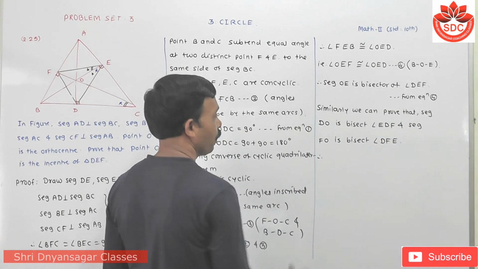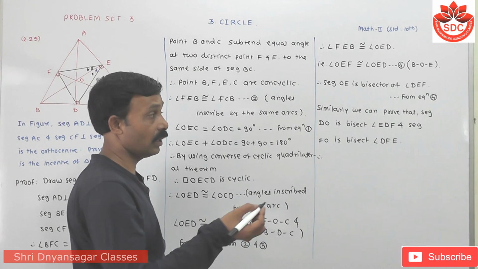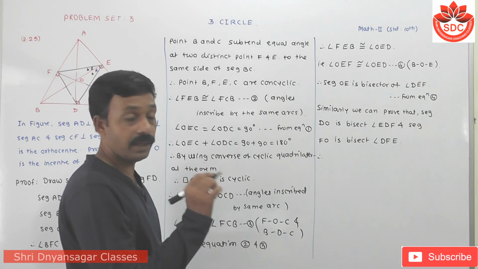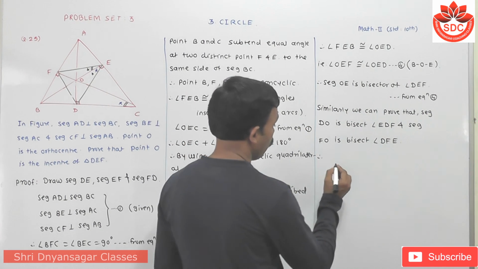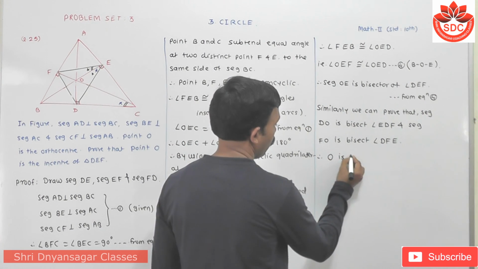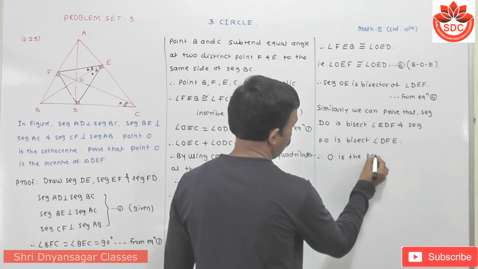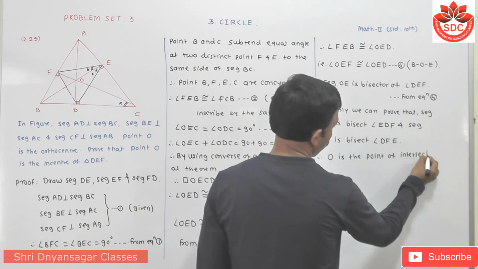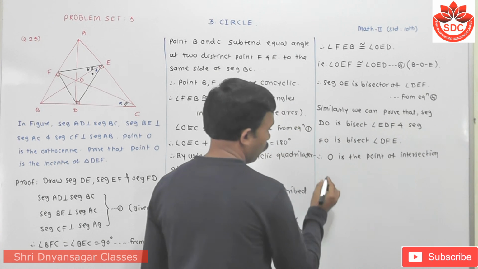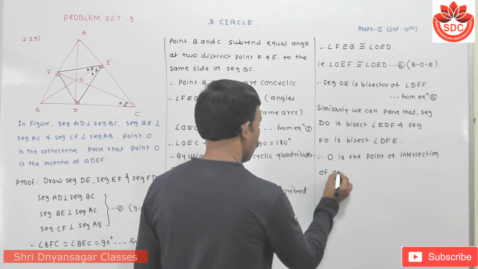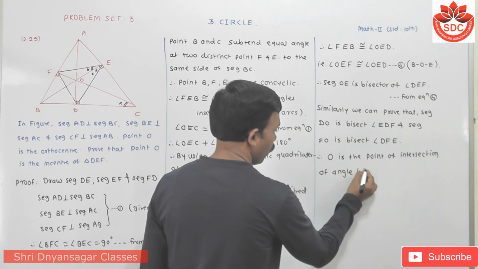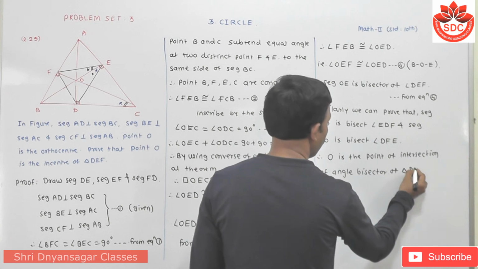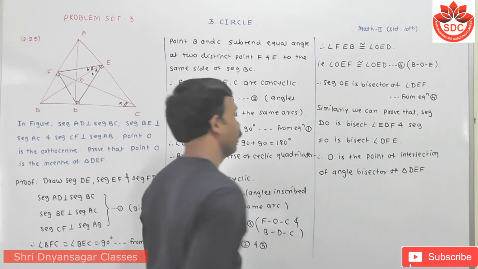Therefore, this point O lies on the bisector of these angles. So O is the point of intersection of angle bisectors of triangle DEF.